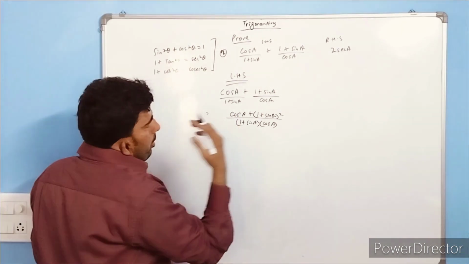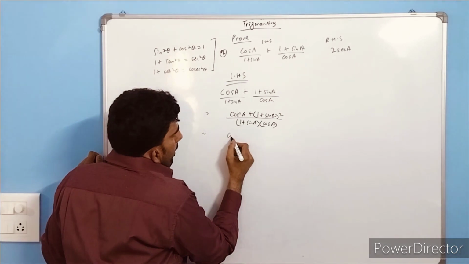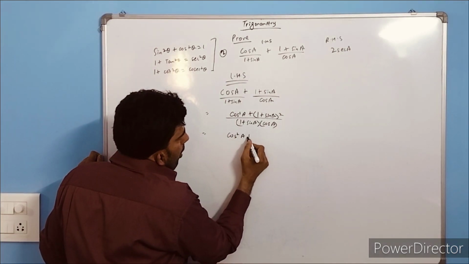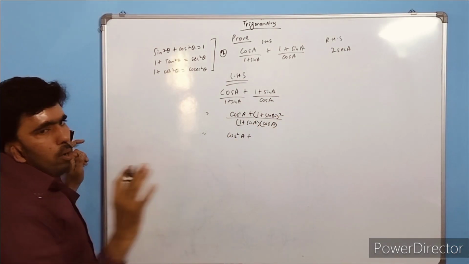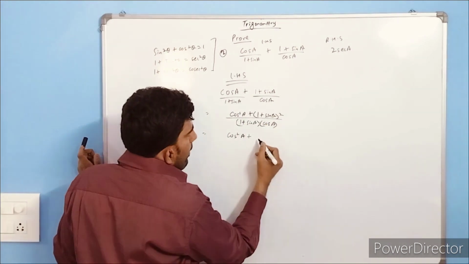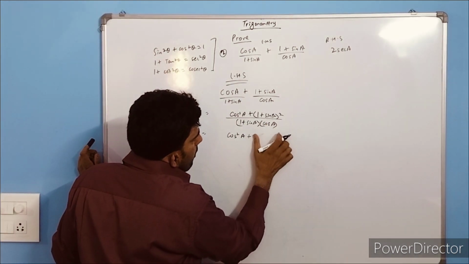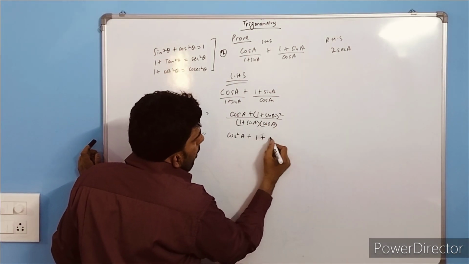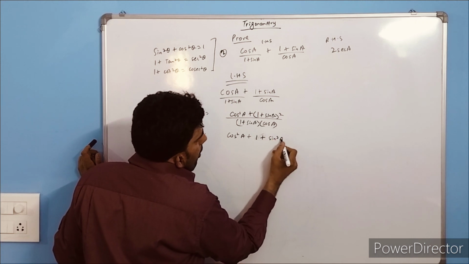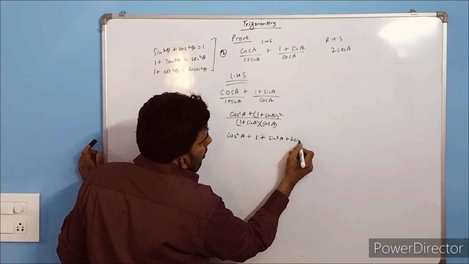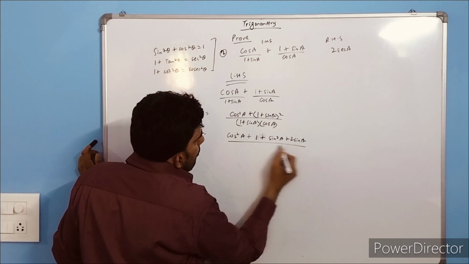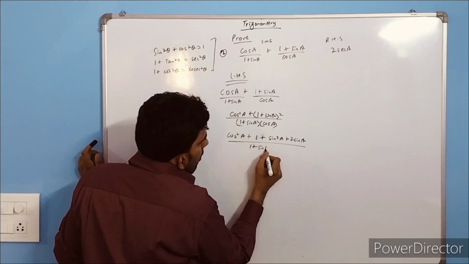Okay. Now we'll take it further. Cos square A. What can we do? (A plus B) whole square we need to apply here. That is, A is 1, A square plus B square plus 2AB. Okay.